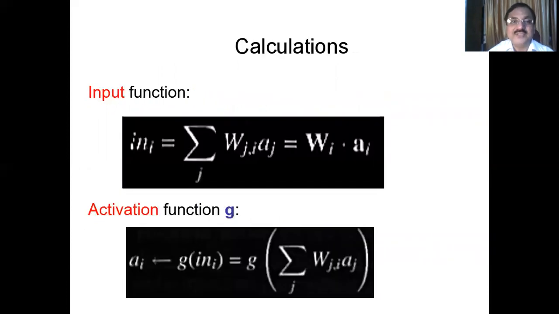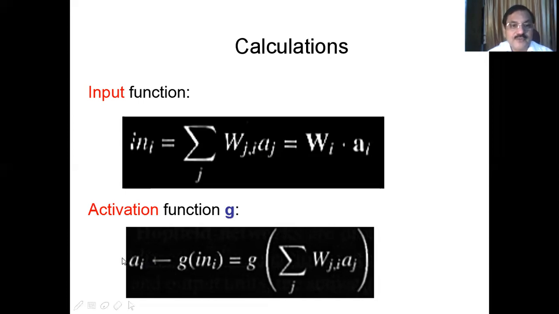What kind of activation level? So the input function, if you are summing, is the summation over j of Wij Ai, and this gives the input Ni. The activation function is G. This part is the argument of the function G, and G of the input gives Ai, that is the output function.